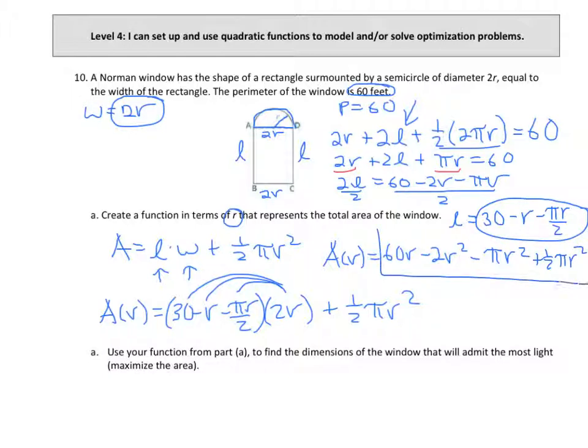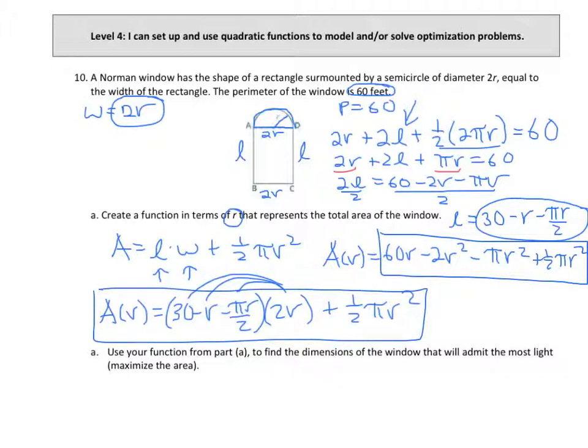And there is our function. It's actually okay to just leave it in this form too. You can just plug it in your calculator just like that. Either is fine. It's not real important to simplify it because your calculator doesn't mind if you don't simplify, as long as you enter the equation correctly.